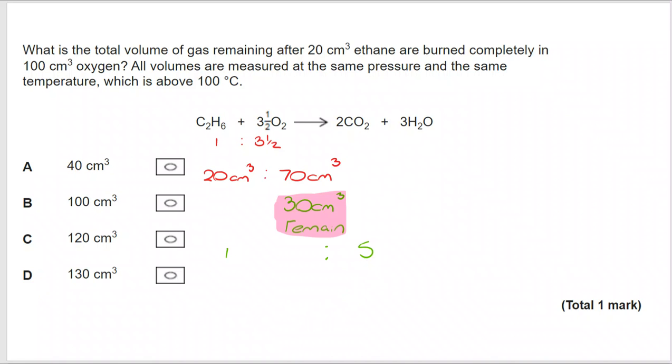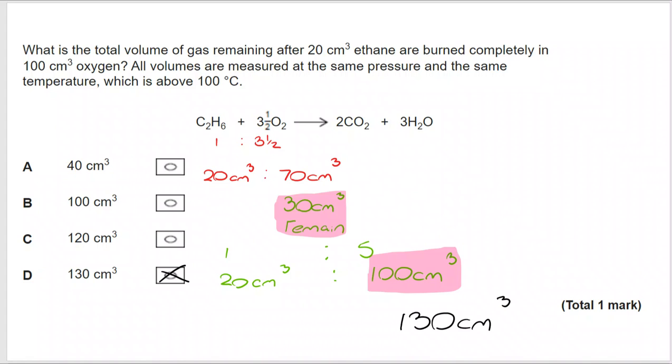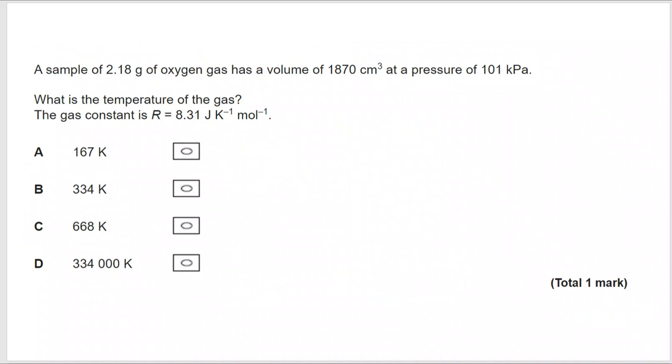Now again, I know that 20 centimeter cubed of ethane reacted. So on a 1 to 5 ratio, that means I've made 100 cm cubed collectively of carbon dioxide and water. But I still had 30 cm cubed of oxygen remaining. That means the final answer is 130 centimeters cubed. Correct answer is D. Let's try the next one.